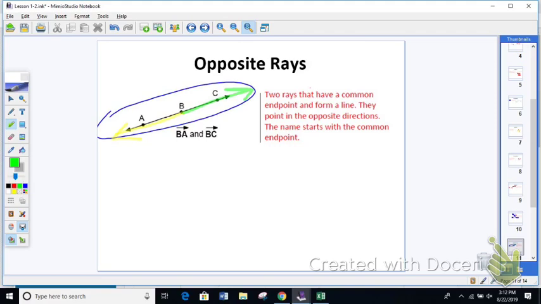Correct. You cannot do it that way. So when we name it, we're just giving it a name. We're not saying which direction it's going, if it's going left or right or up or down or whatever direction. We're just naming the ray.